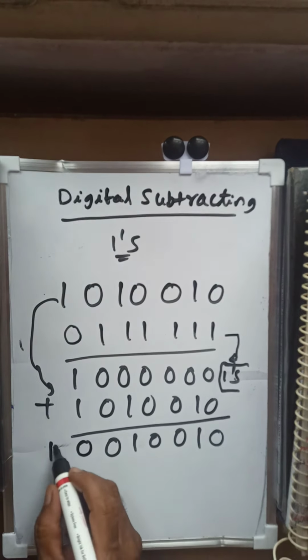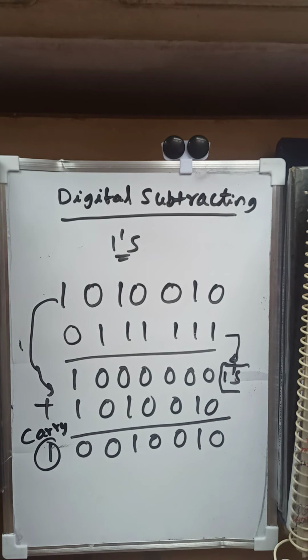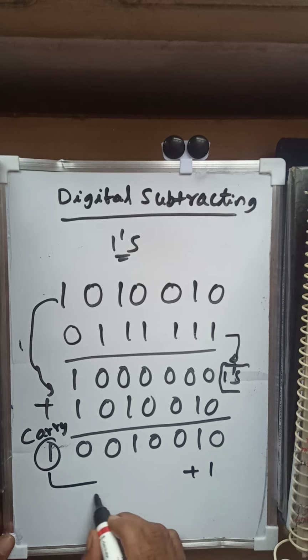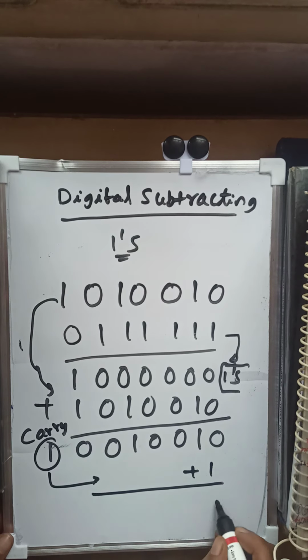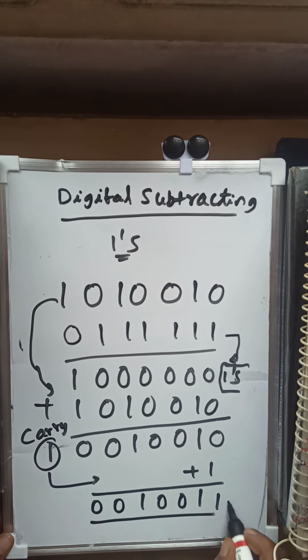So this is a carry. What to do if the carry comes in 1's complement? That should be added to the result, 1 1 0 0 1 0 0. So this is the final answer using the 1's complement method.